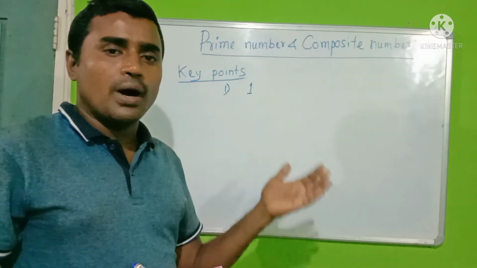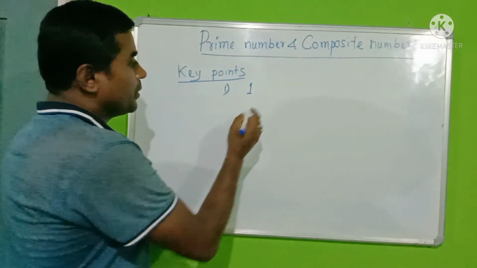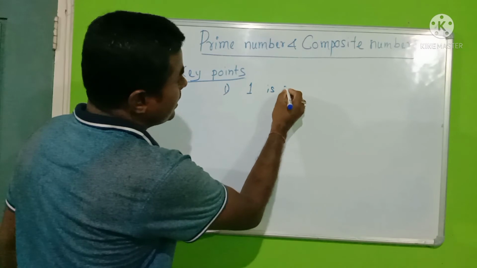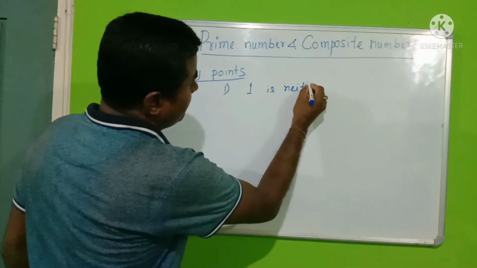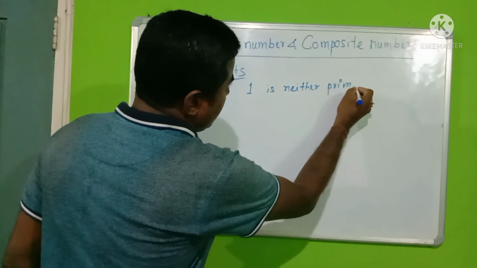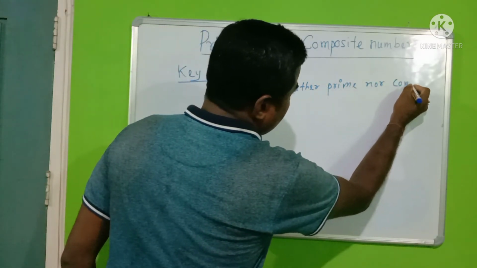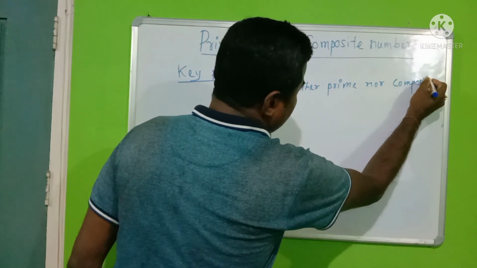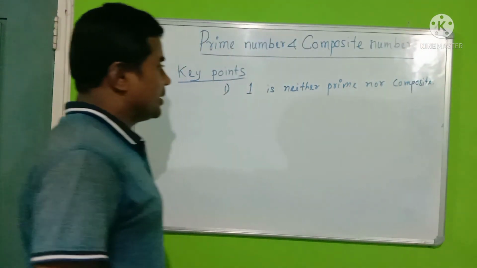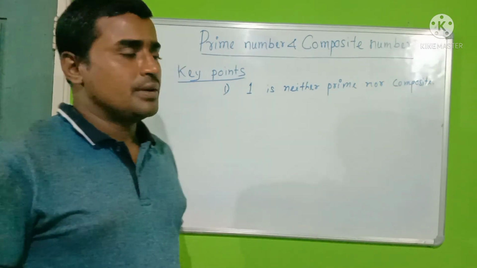That means 1 is neither prime nor composite. So first key point, 1 is neither prime nor composite. Very important key point. 1 is neither prime nor composite.